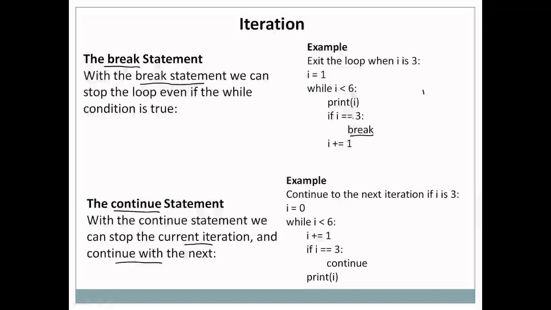So directly it will go to the next statement, i += 1. i is incremented by 1 here, so i will become 2. Again this condition is evaluated, 2 is less than 6, the condition is true, then it will print 2. Then 2 is equal to 3, no, again i is incremented by 1, i is 3, 3 is less than 6, the condition is still true, so it will print 3.